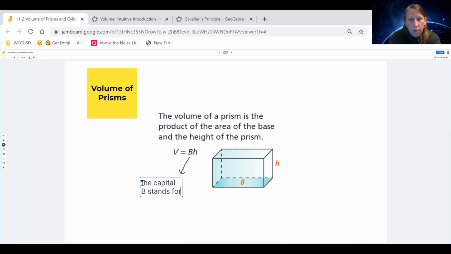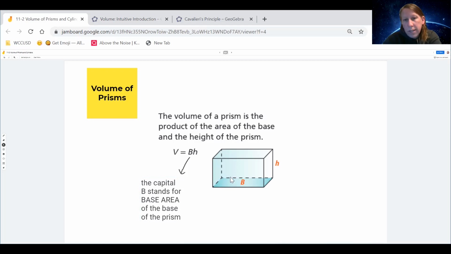stands for base area of the base of the prism. The base area of the base of the prism. So this prism, we're going to call this the base.